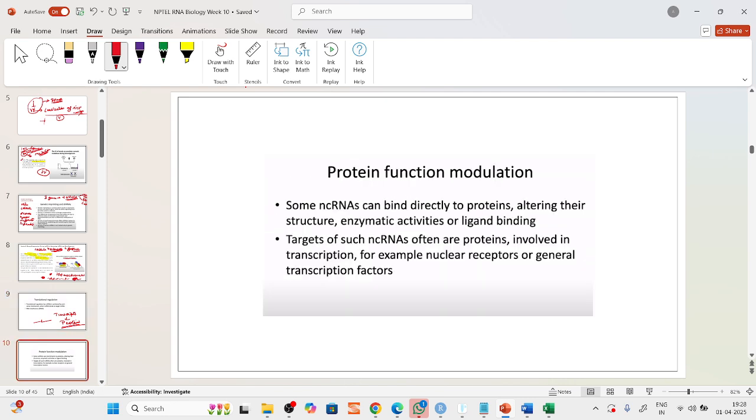Now comes protein function modulation. See, the body has made itself in such a way that it tries till the last breath to control it. We'll try to control at the DNA level. If it is not possible at the DNA level, we'll try to control it at the RNA level, so that it will not transcribe. Even if we could not do it there, we will try at the translation level.